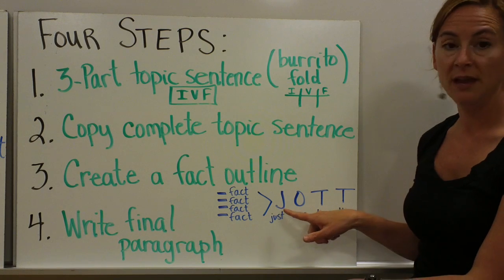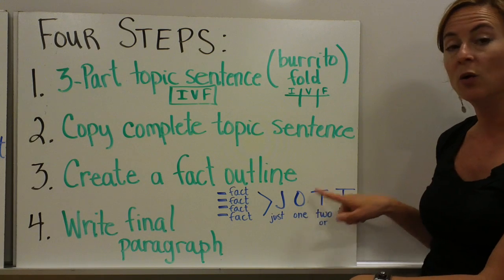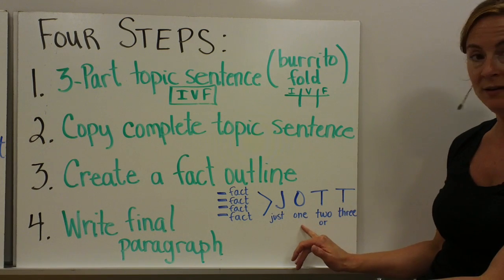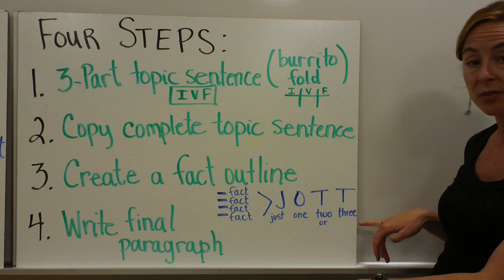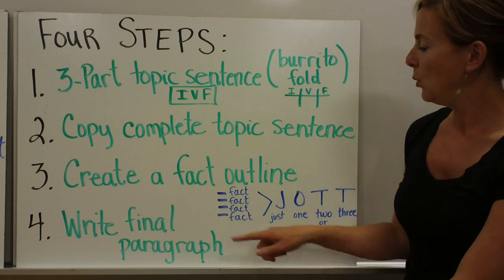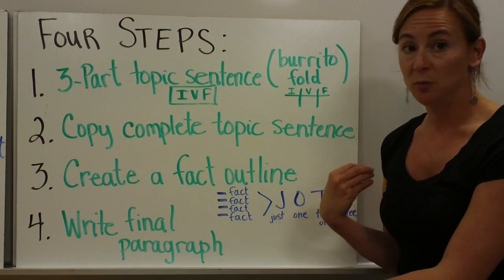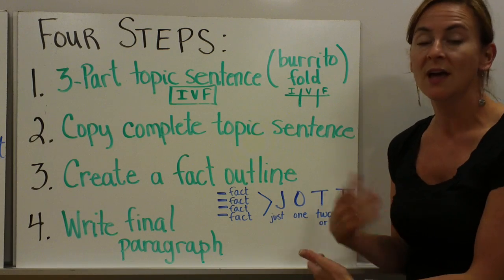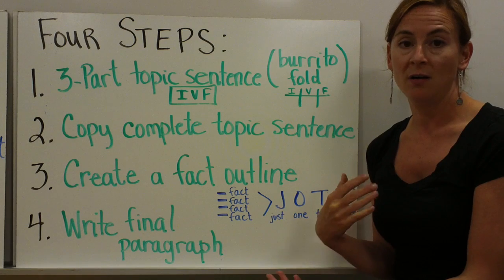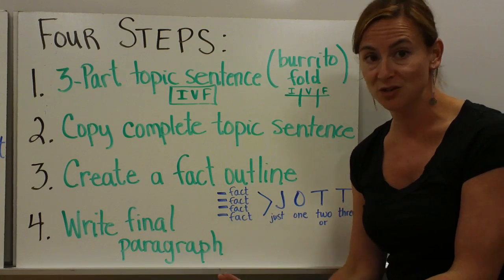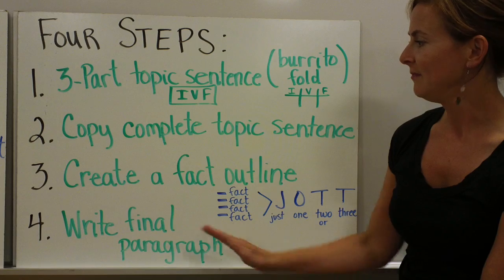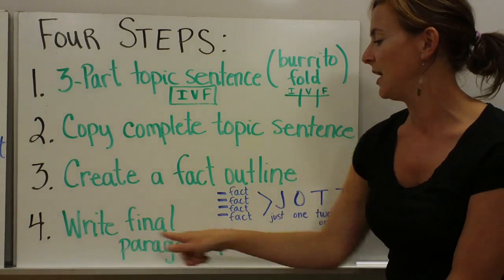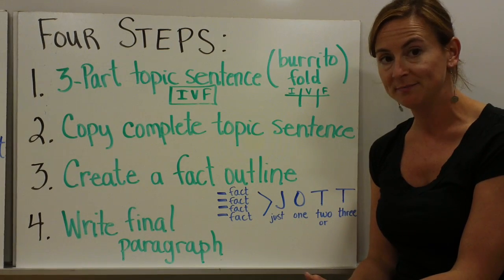I wrote down the acronym JOTT, J-O-T-T, and that stands for just 1, 2, or 3 words. When you're writing facts, it's going to be very important that you keep it to just 1, 2, or 3 words. That again is going to help you keep away from plagiarizing. After you've created your fact outline, then you're going to bring it all together and write your final paragraph.